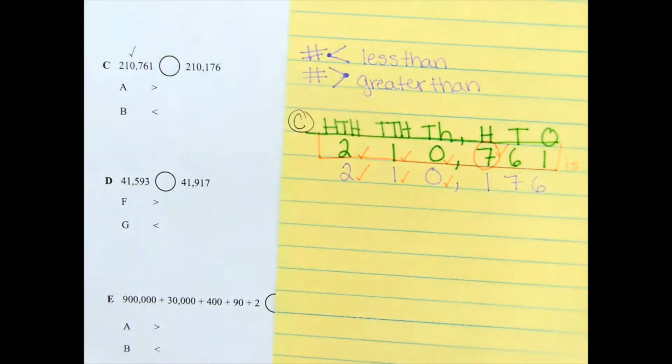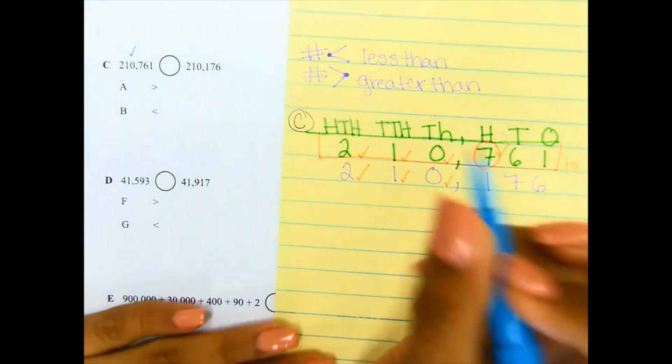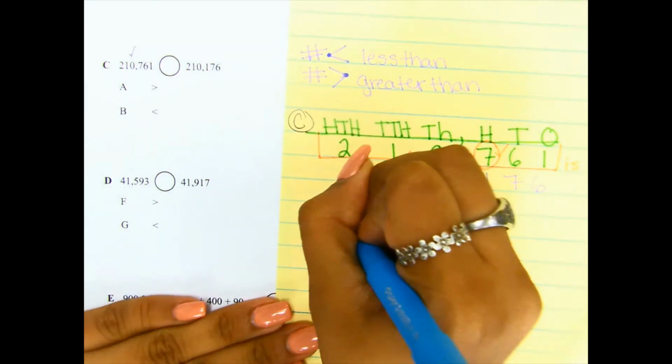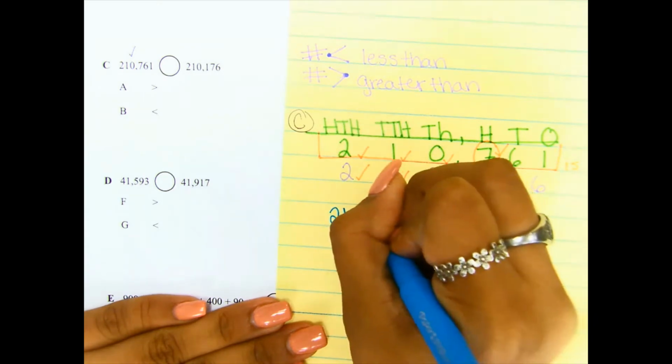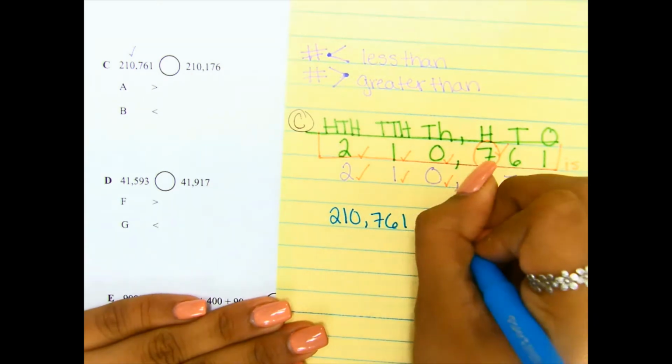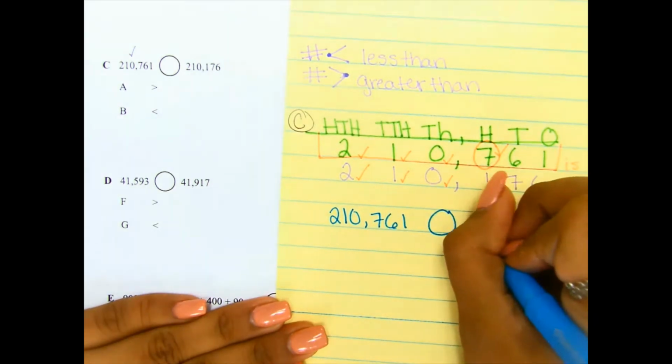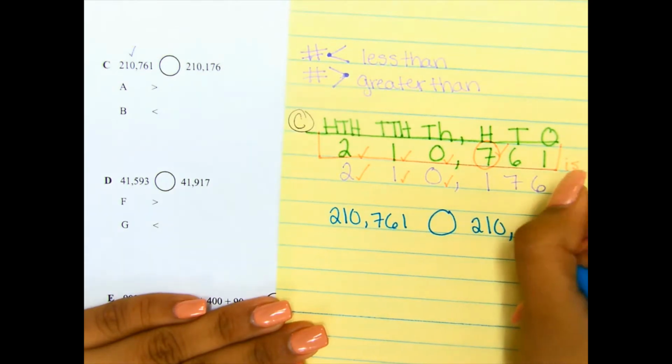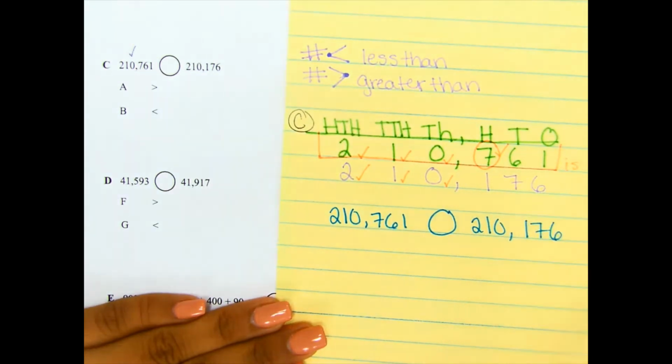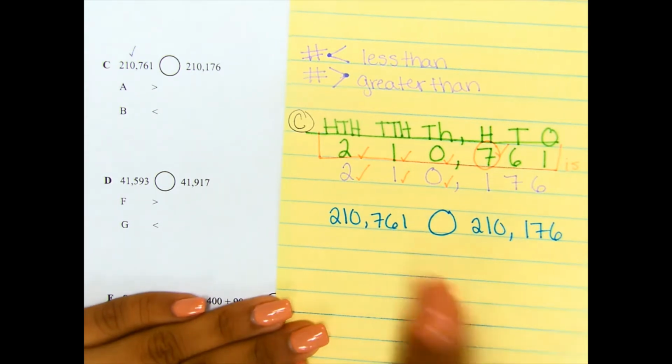So we have to think, where does my alligator like to point at? So I'm going to write this again on my piece of paper. I'm going to write 210,761, 210,176. So which one is my greater number? This one.